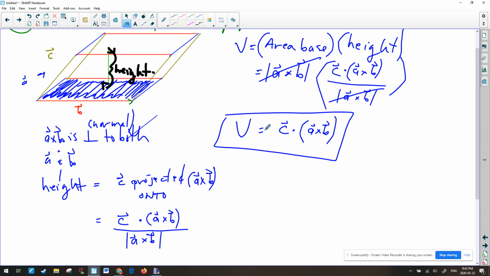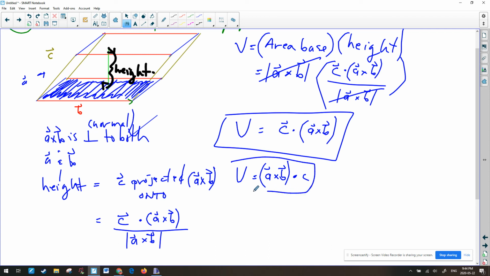But what's interesting is dot product is commutative. So we could say that it's really A crossed with B dotted with C. Now, it's good practice to put those in brackets, but realistically, I don't even really need them, because if I just did it in the order they appeared, we'd be good to go. So that's pretty darn cool. That is the volume formula.